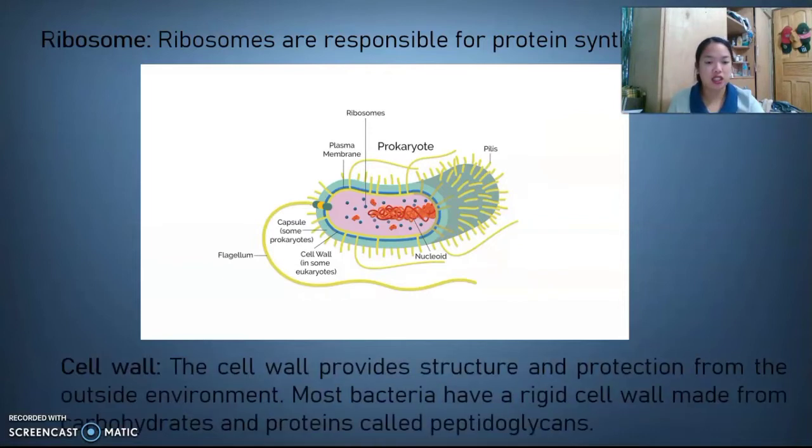Next, the cell wall. The cell wall provides structure and protection from the outside environment. Most bacteria have a rigid cell wall made from carbohydrates and proteins called peptidoglycans.